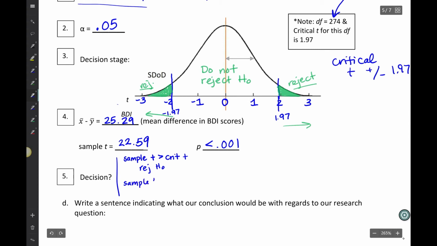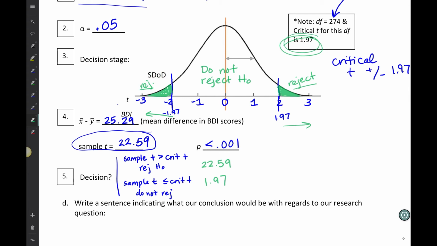If it's not greater than it, then we do not reject. So our sample T, we've got 22.59, versus our critical T, which I provided up here, 1.97. Hopefully you can see this 22.59 is much, much, much bigger than 1.97.